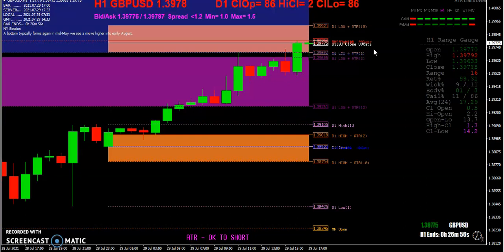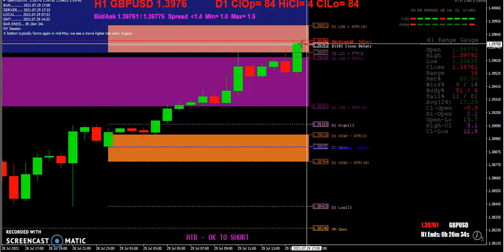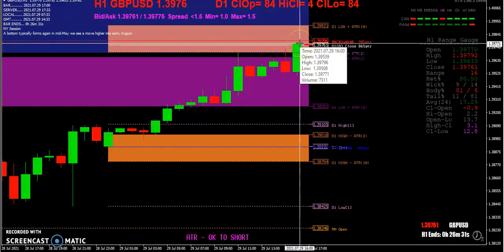Has price hit those extremes, especially if you like to do reversal trades like rat trades, or if you're in a wick zone trade, for example, and you're saying, well, hey, ATR is high, so if it gets up in the wick zone and comes out, I'm going to take the trade. So right here on that H1, the open was at 39.53, and then the low was at 39.